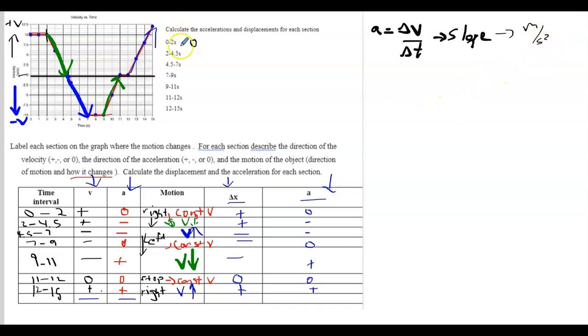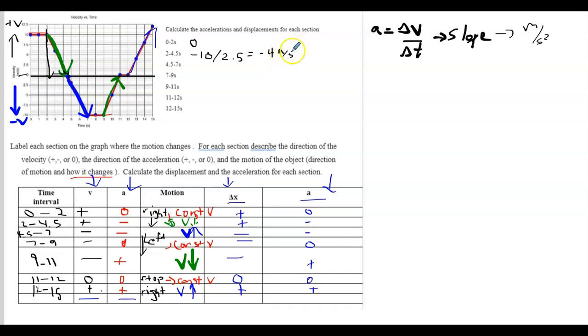So the first one, 0 for 0 to 2. 2 to 4.5, it drops 10 in 2.5 seconds. So it'd be down 10 divided by 2.5. So negative 10 divided by 2.5 gets you a negative 4 meters per second squared.